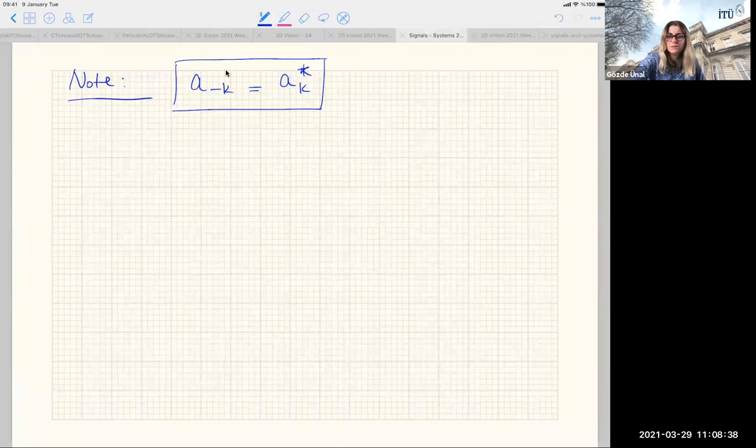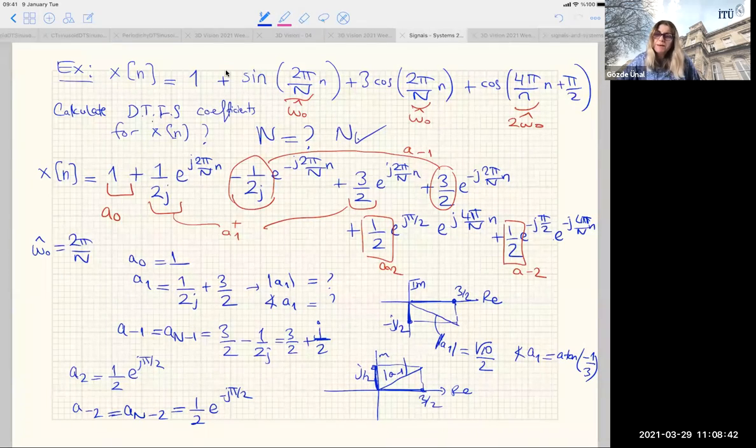Don't memorize. If x of n had a minus sign at the start, then A1 would be minus 1 over 2j, which would be the other coefficient. So the signal's equation could have a subtraction. Great, it's good to ask these questions.